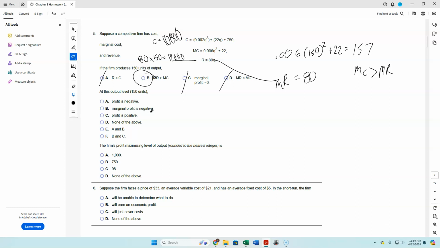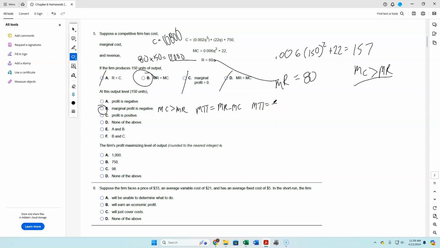In this case, it would be that marginal profit is negative. The reason is because the marginal costs are greater than the marginal revenue. So we know that B is true. Why? Because marginal cost is greater than marginal revenue, where marginal profit is equal to marginal revenue minus marginal cost, which would mean that marginal profit would be a negative number.